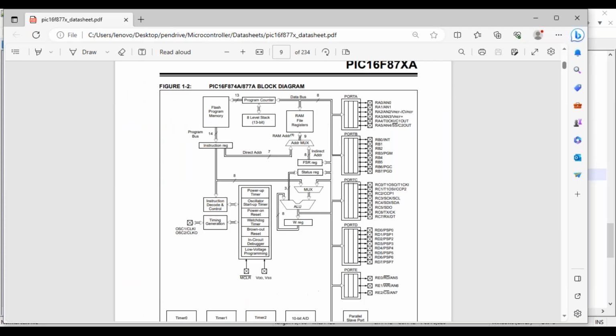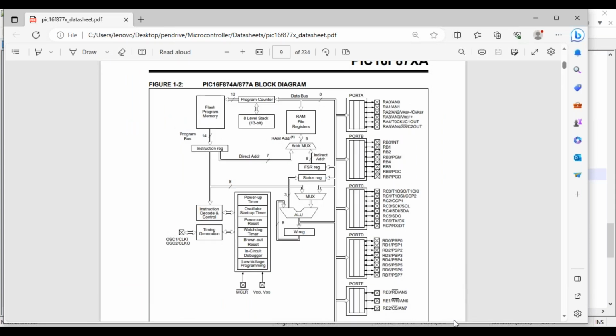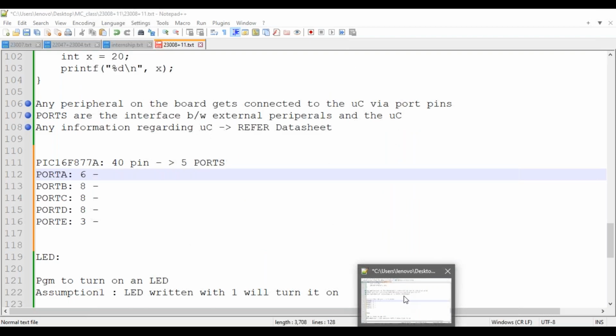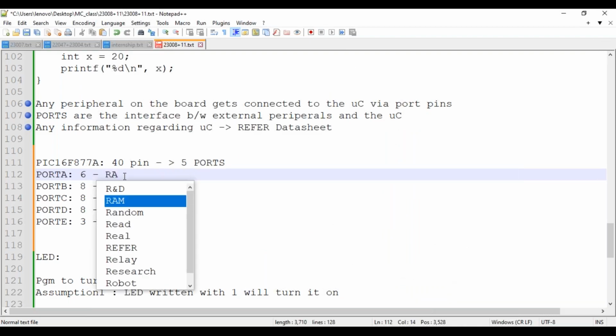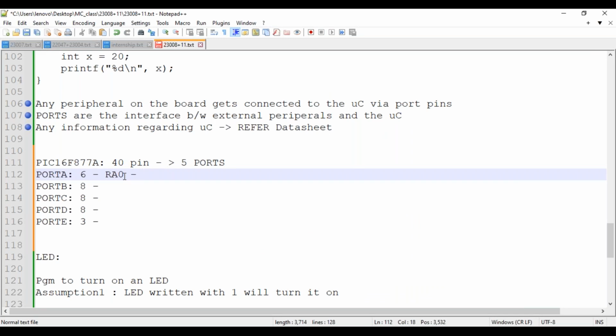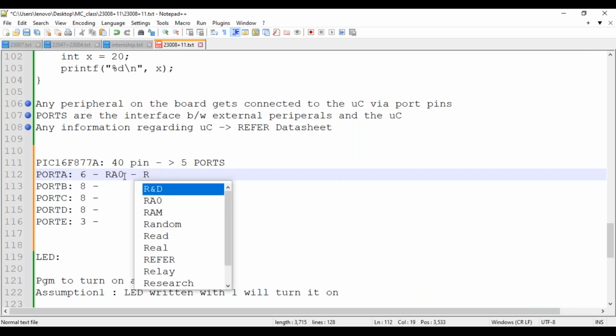Can you look at this and name the pins of port A? The names of the pins of port A are RA0 to RA5.